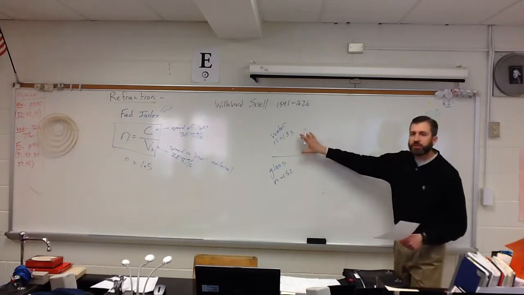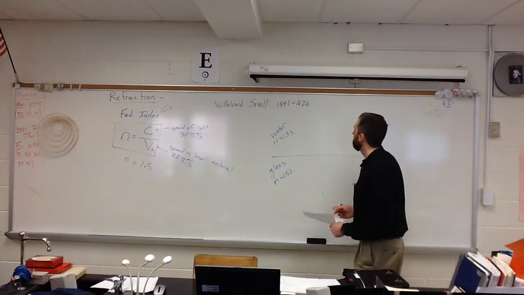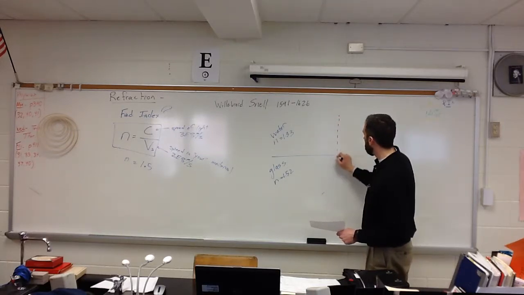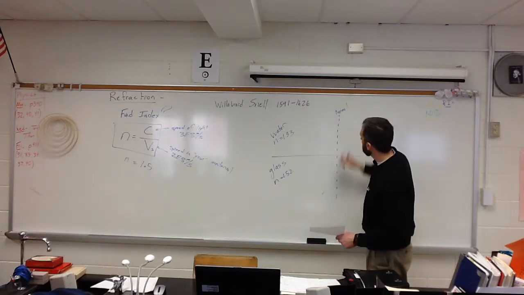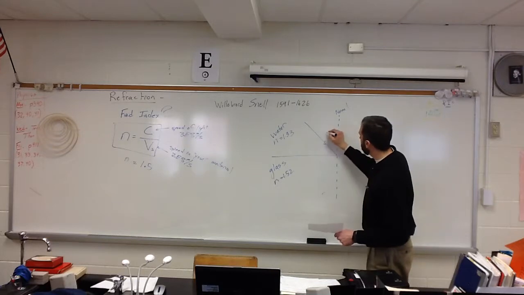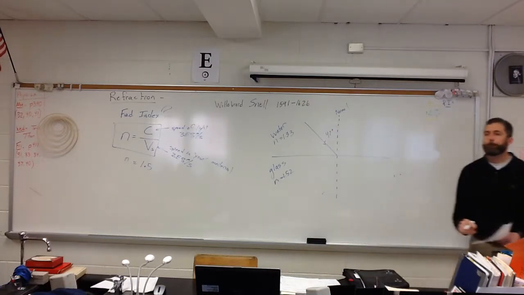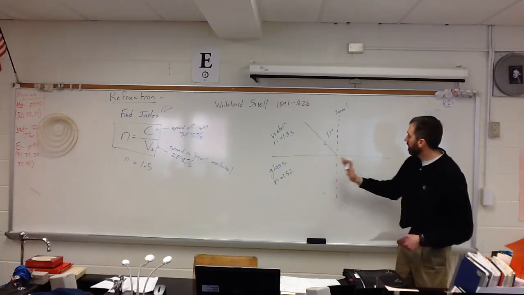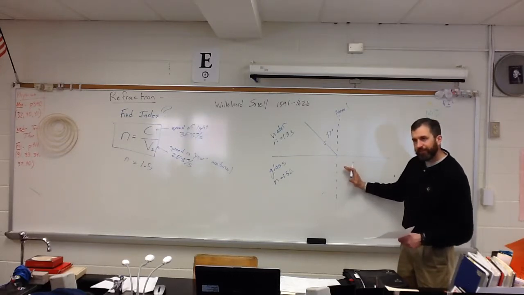Now this information can be gained from your reference table, but I'm trying to speed the process along. If this is your normal line right here, and I send a ray of light in at 47 degrees, there's 47 degrees right there. My question is, given this situation, what angle will the light come out at over here?